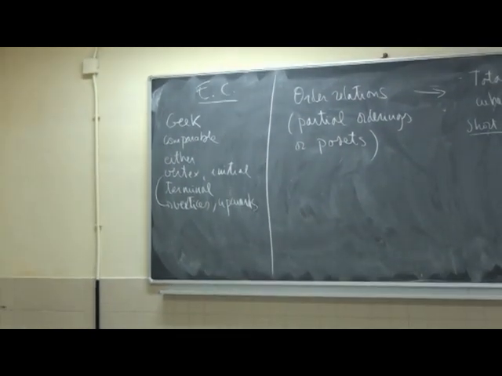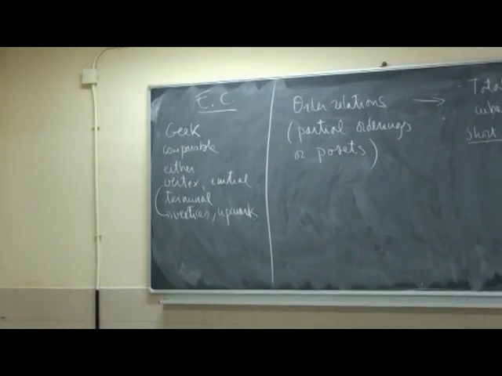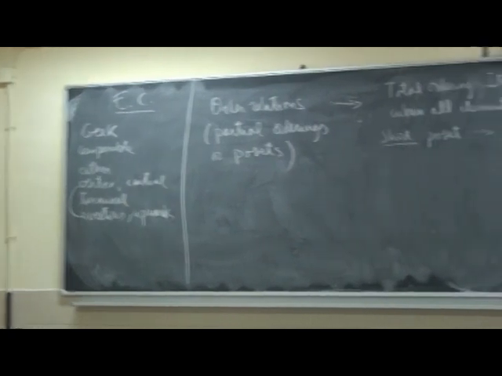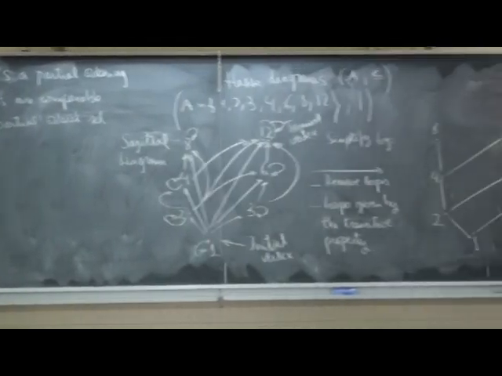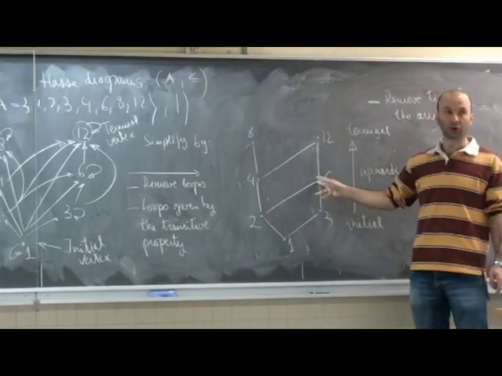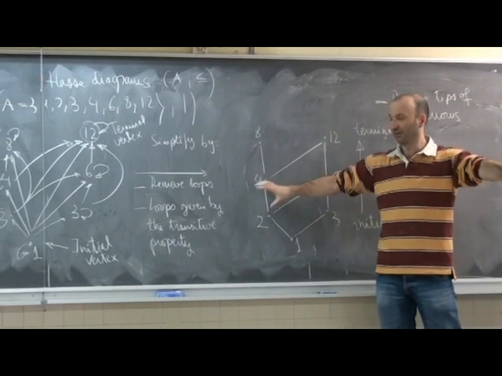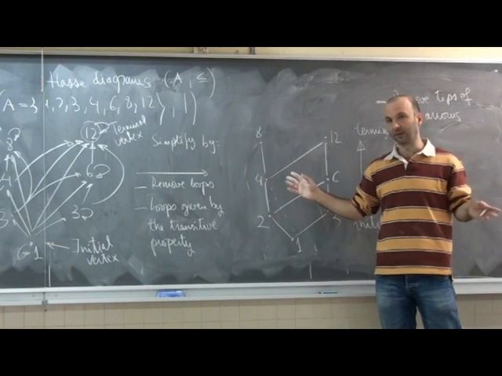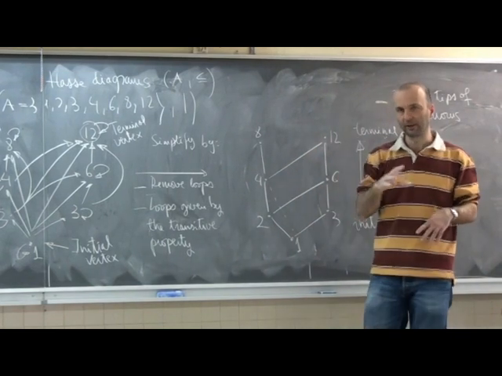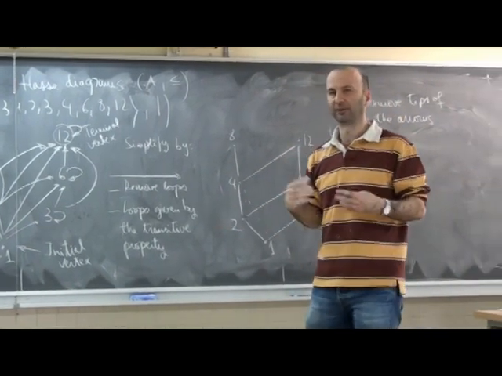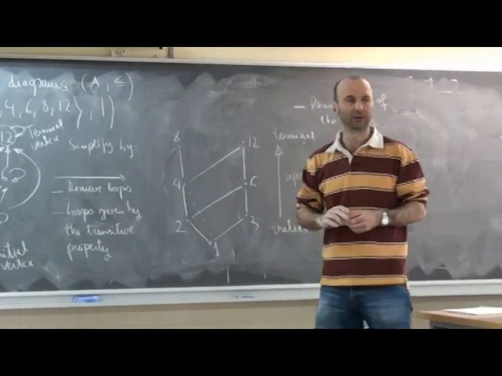So you'll be given some posets, and you'll be asked to draw a Hasse diagram. Or you may be given some diagram, and you'll be asked whether it will be the Hasse diagram of a certain partial ordering.